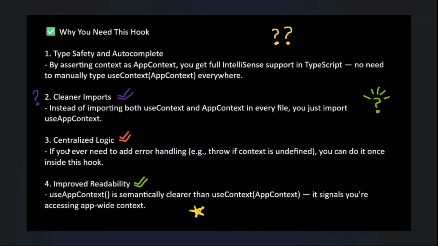The third reason is centralized logic. If you ever need to add error handling, you can do it once inside this hook. The fourth reason is improved readability. useAppContext is semantically clearer than useContext AppContext syntax. It signals you are accessing app-wide context.